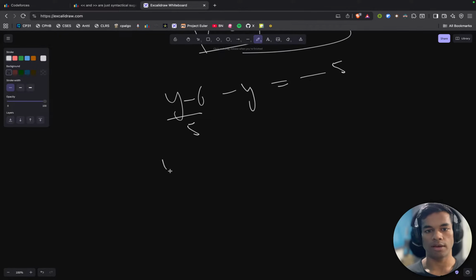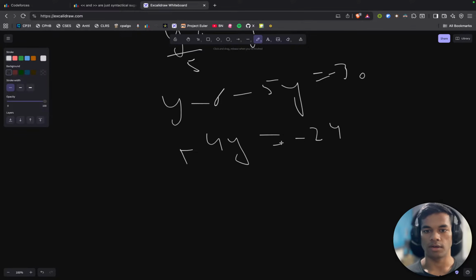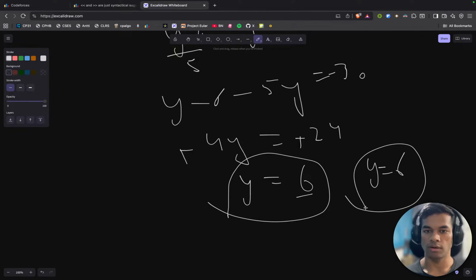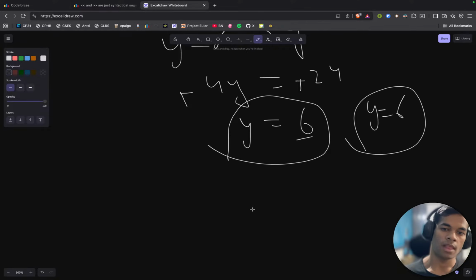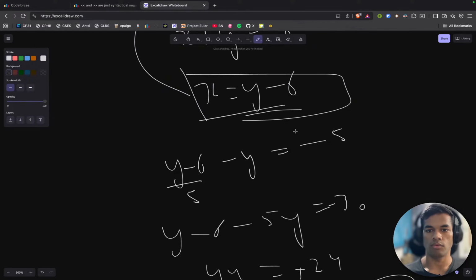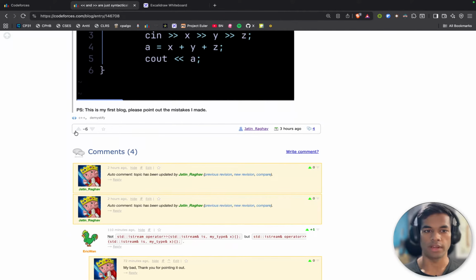If you multiply by 5, -6 minus 5y equals -30, then we have -4y equals -24, so y equals 6. So I should be having 6 downvotes in total. And the number of upvotes I got would be x equals y minus 6, which is 0. Okay, that is one possibility, I guess.